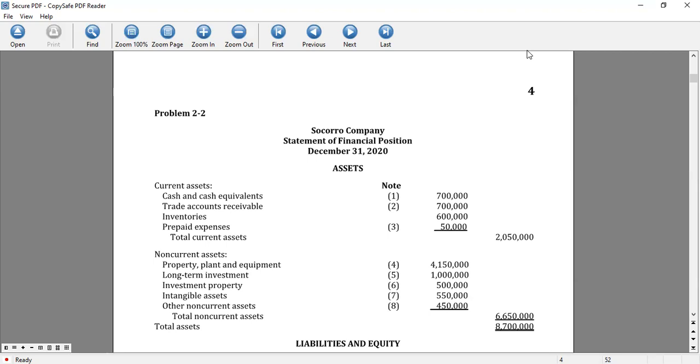Land held for undetermined use, accounts receivable less allowance of 50,000, inventories 600,000, and Socorro Corporation share capital at cost 300,000. The name of our company is Socorro Corporation.